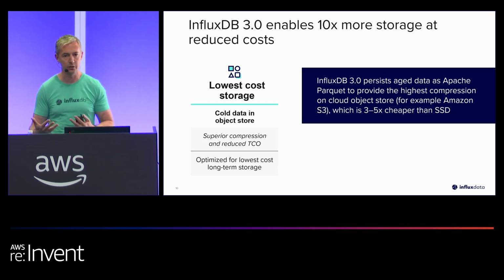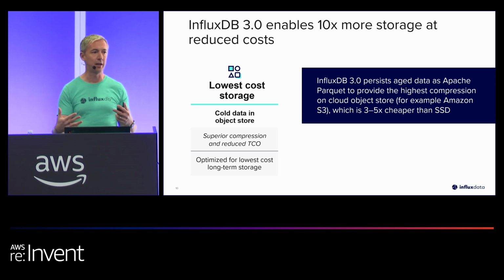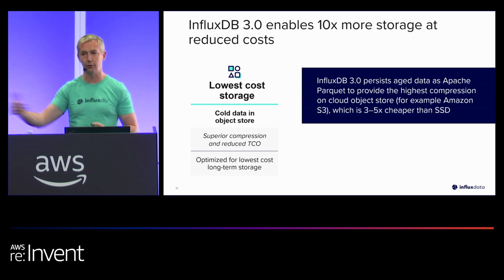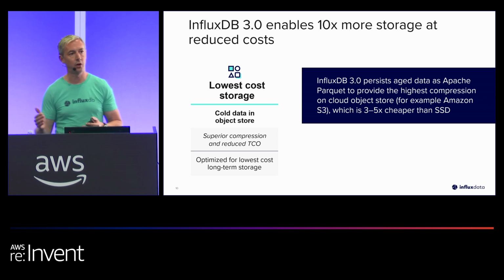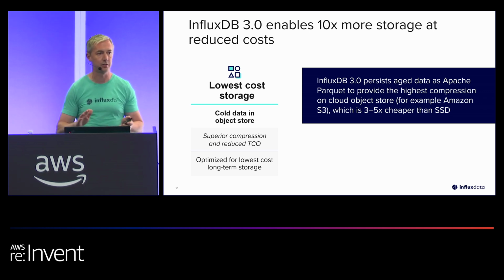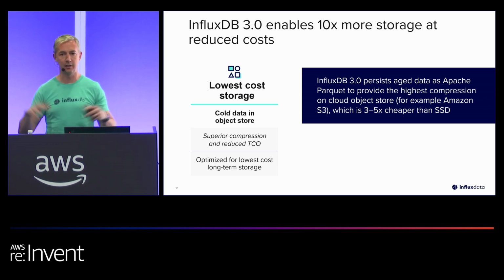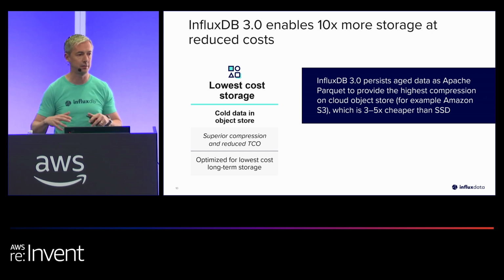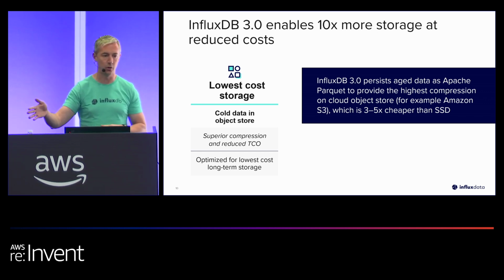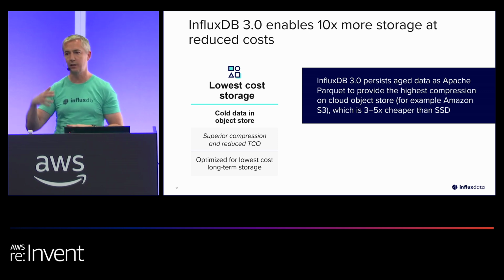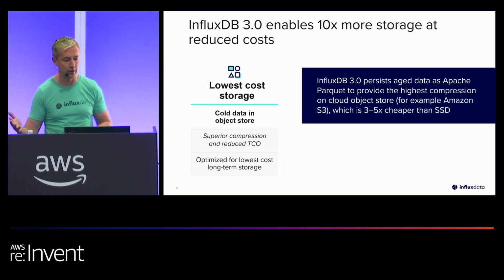So we created a storage engine to be able to compress time series data. Now, when we switched over to using Parquet for version 3, what we saw is about a 4 to 6x reduction in disk space. That, combined with the fact that we're now using object store as the long-term data store, which is much, much cheaper than an EBS volume with provisioned IOPS.